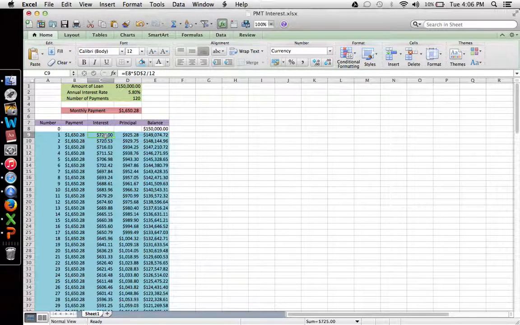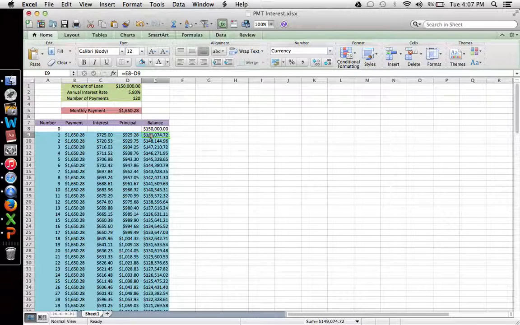For interest, it's a slightly different formula. Basically, it takes the balance you have, which right now is $150,000, multiplies it by our interest rate, and then divides it by 12, and that gives you the interest. Then in the principal column, you subtract your interest from your payment, and that gives you the principal that you've paid.